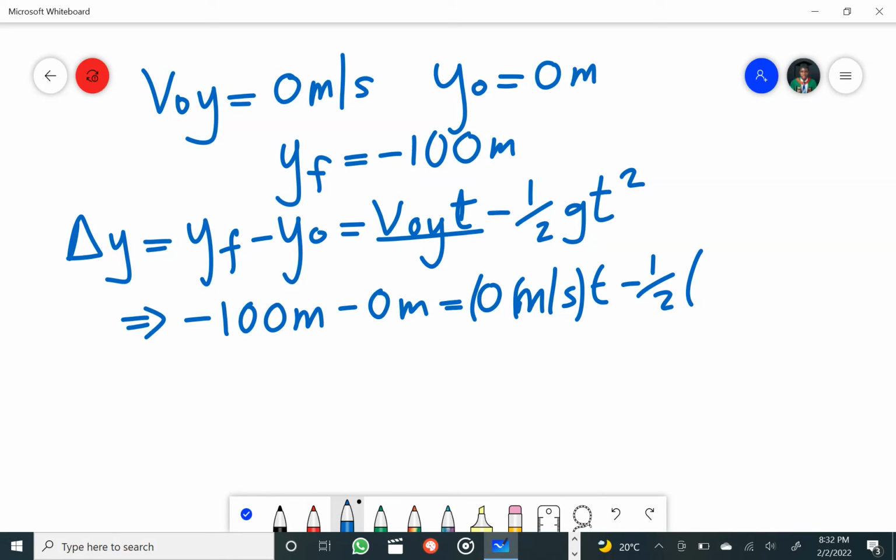Now here is where most people make mistakes. If you've already introduced the negative and you've introduced the g, then you don't have to write negative again. If you've already introduced the negative in the equation and written g there, it just has to be a positive like this, because this negative has already been taken into consideration, coming from the fact that acceleration due to gravity equals negative g.